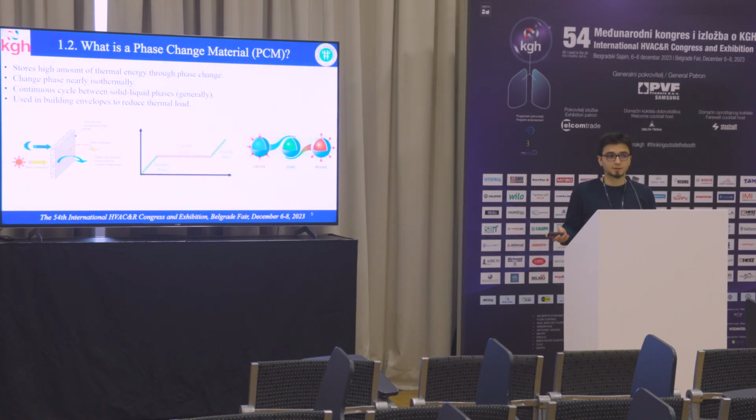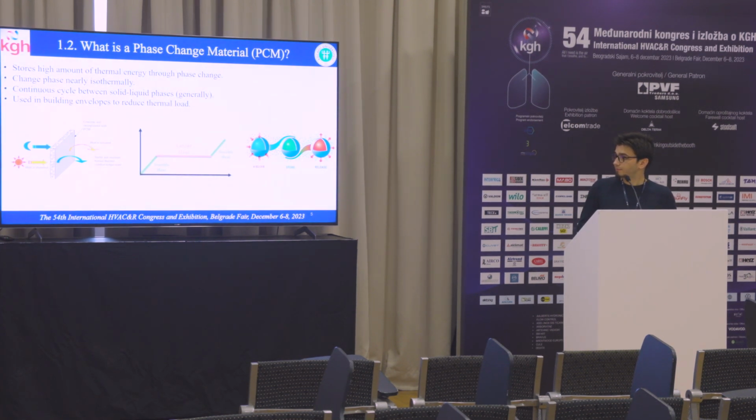So what is a phase change material? A phase change material is actually any material that can change its phase from one phase to another. That way we can use its latent heat to store and release a great amount of thermal energy.